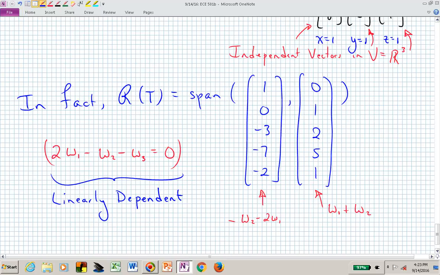So if W1, W2, and W3 were linearly independent, and we said, oh, let's linearly combine those and get the 0 vector, the additive identity, what would those coefficients be?